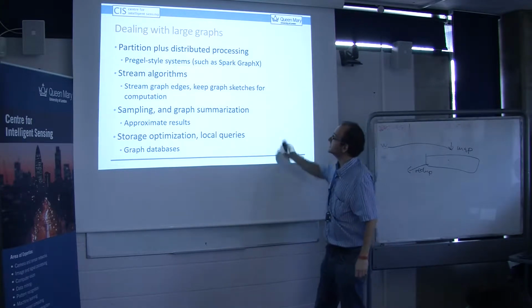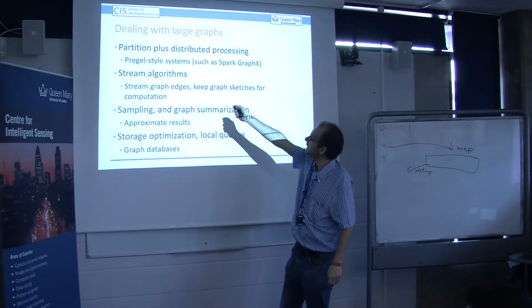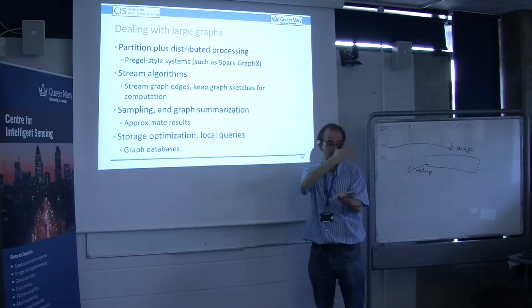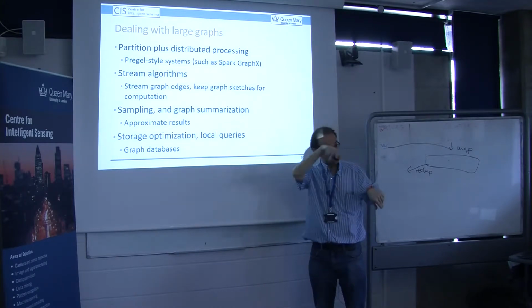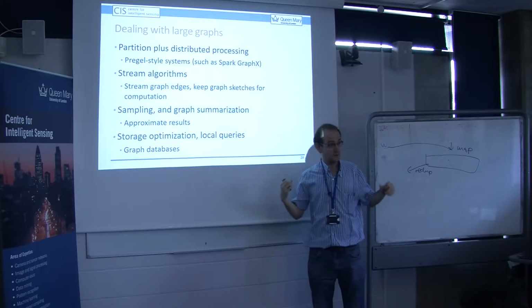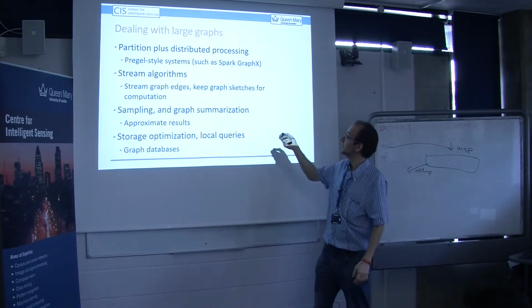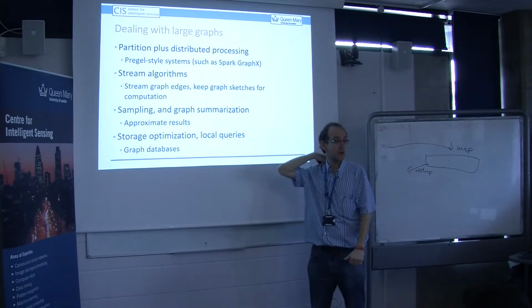This is what will happen if we want to apply distributed processing, in which basically we will partition the graph into different fragments and distribute this type of computation across my cluster. That is the Pregel model that we are going to see now.